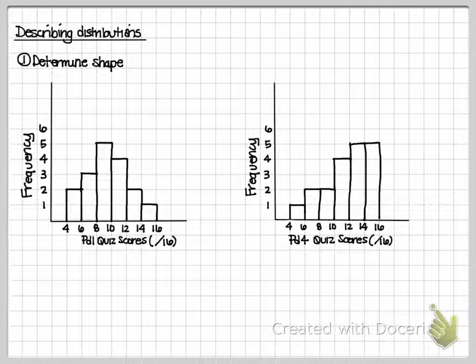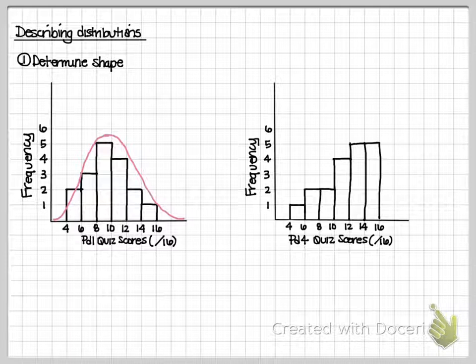So I'm going to take a look at the one on the left-hand side. Now the one on the left-hand side looks like it's got a single peak pretty close to the middle, and then it tapers off down both sides. So if I have a single peak in the middle and it tapers off down both sides, maybe not perfectly, it does look like it is symmetric to me, or roughly symmetric.